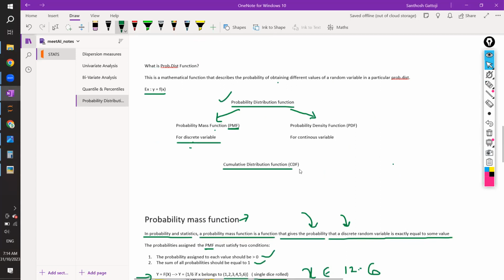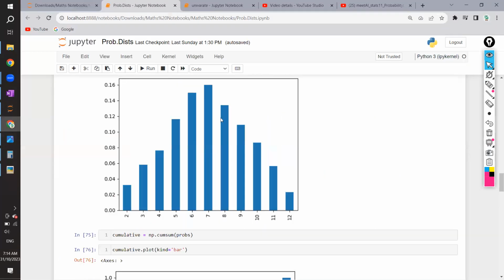So what we have done is PMF plus CDF. This is PMF, or you can call it the probability distribution for a discrete variable, or for simplicity you can call it a probability mass function.